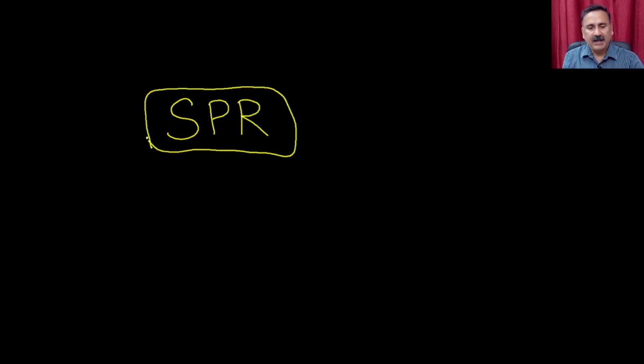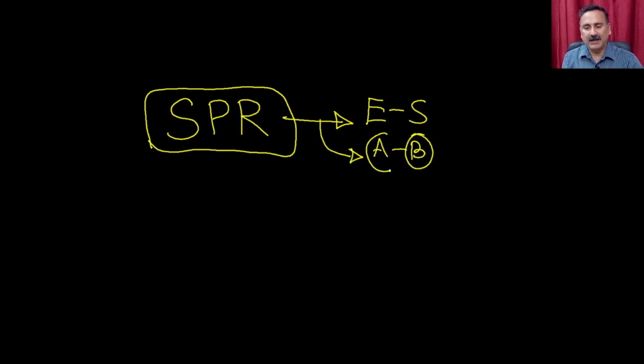But what we are going to discuss today is one technique called SPR, or surface plasmon resonance. SPR is a very robust technique to measure the enzyme-substrate interaction, or you can use it for any two molecules which you know are interacting with each other.